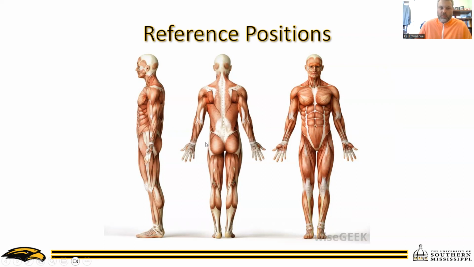So our anatomical reference position, if you've never heard of this or never seen it before, deals with where our starting point is. We would have someone standing facing forward, with their palms up, hands down to the side, and we would tell them to be looking at the horizon. And we'd want them to get their ears in line with their shoulders. That's our basic starting off point.